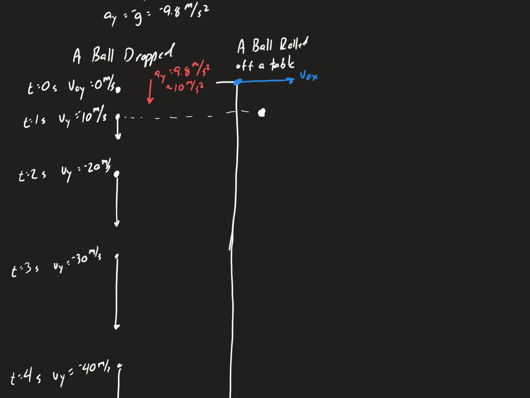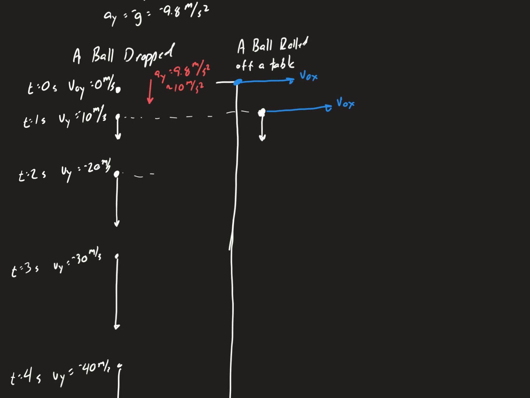Notice the y direction should still remain the same. Gravity still affects it, so it should still increase in velocity in the y direction. But once again, it's only under the influence of gravity. Gravity affects things only in the vertical direction, which means this initial velocity in the x direction remains unchanged.